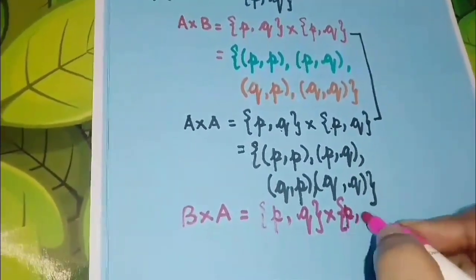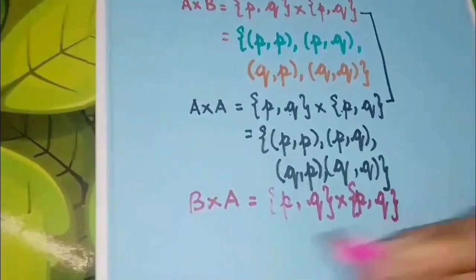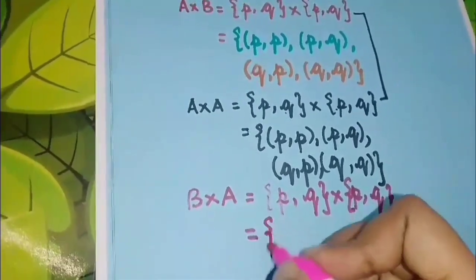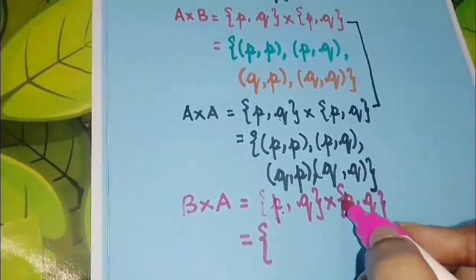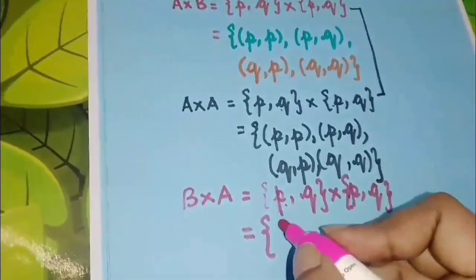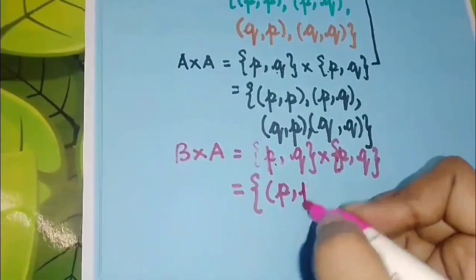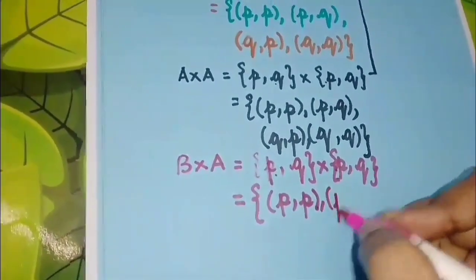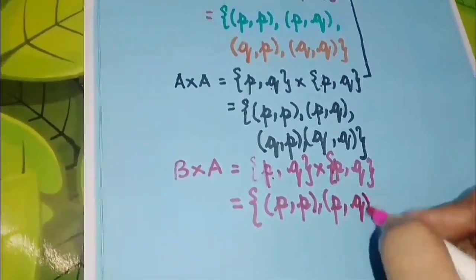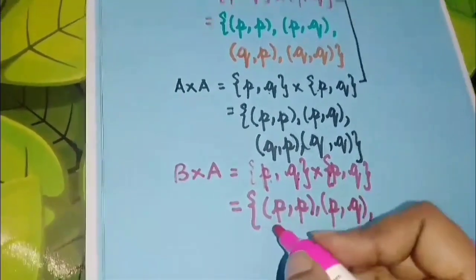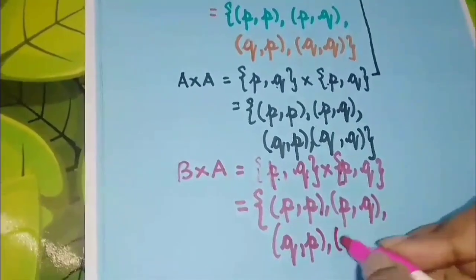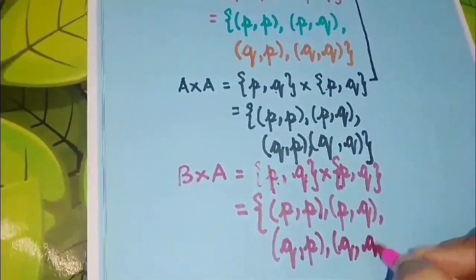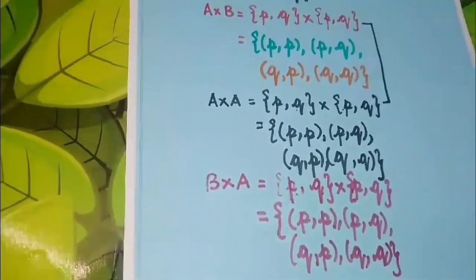So first we'll form the pairings with the element P. So P comma P and P comma Q. The second pairing is with the element Q. So it will be Q comma P and Q comma Q. That's it. This is our B cross A.